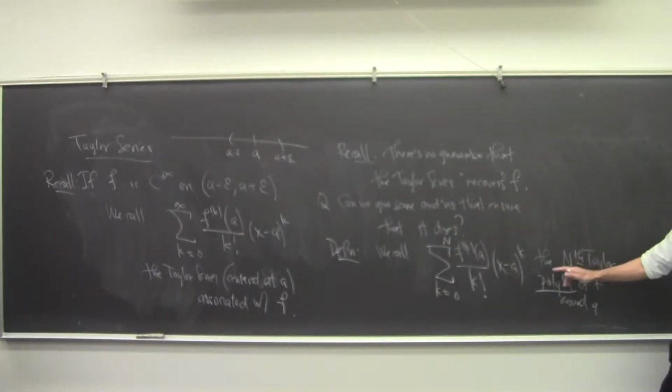You stop it at capital N. The nth Taylor polynomial of f around A.